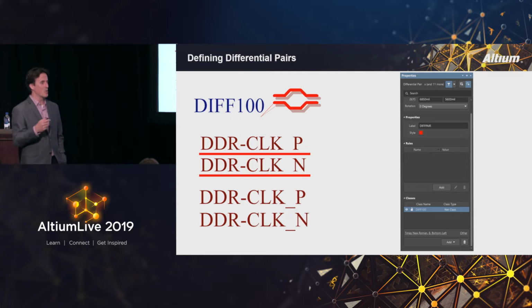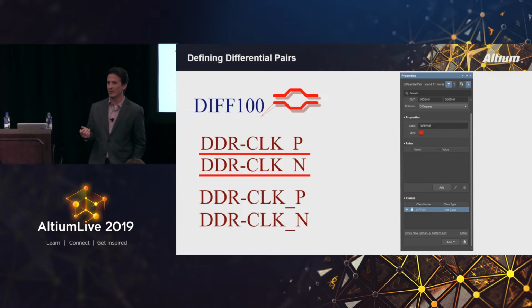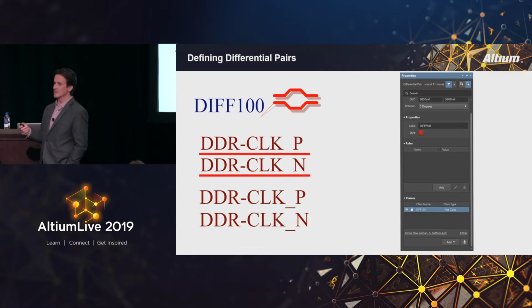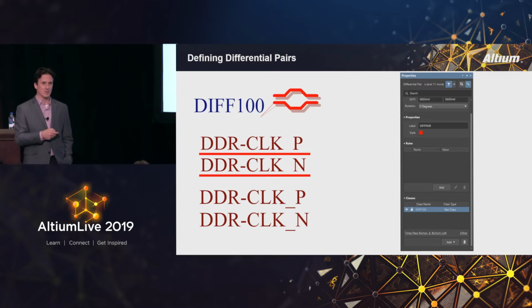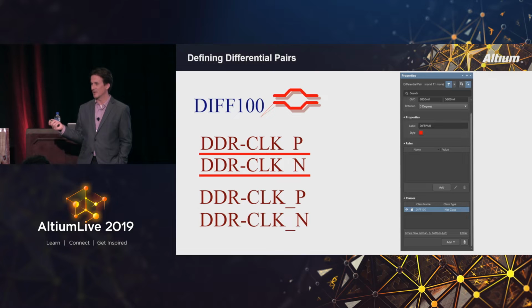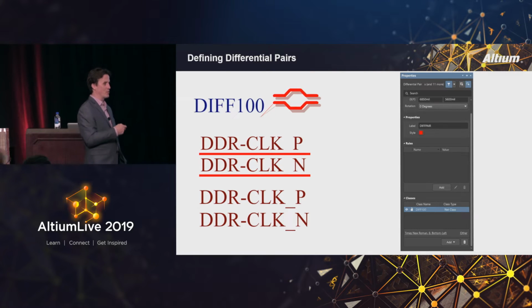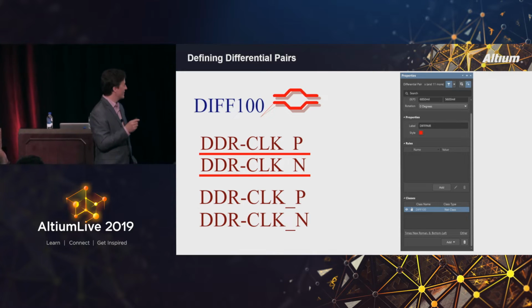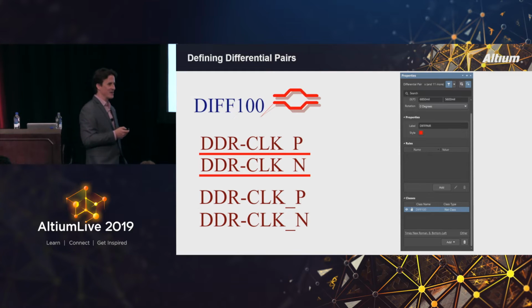The explanation I got was that it was really a relic of pleasing users that might have had these designations for certain pairs on their schematic, but didn't necessarily want to bring them into the PCB as a differential pair. And so that's why you have to do both. We're a hard group to please, I think, is the message I heard there.